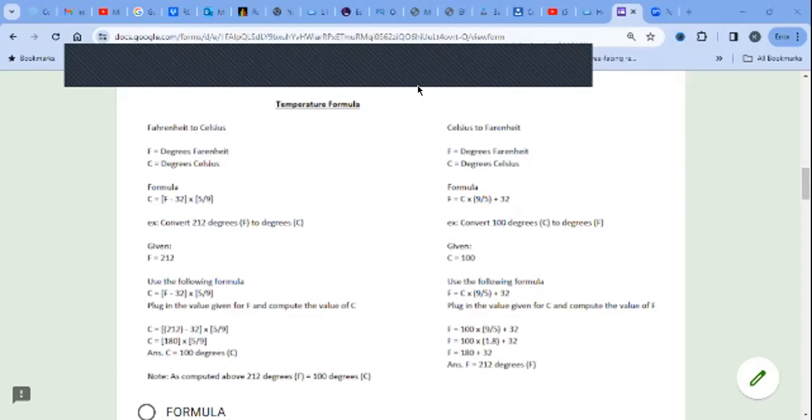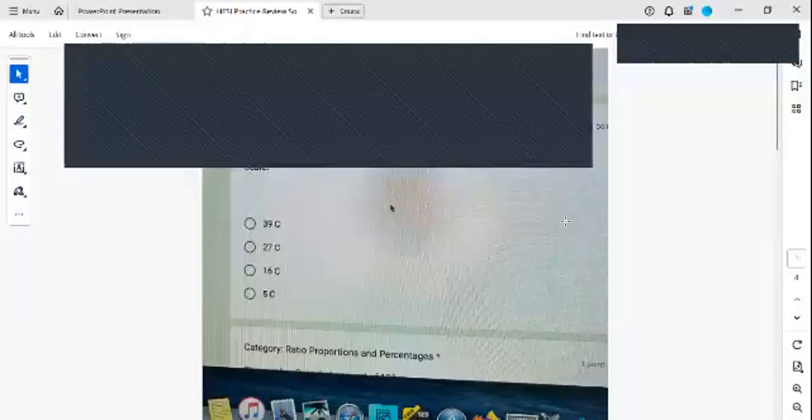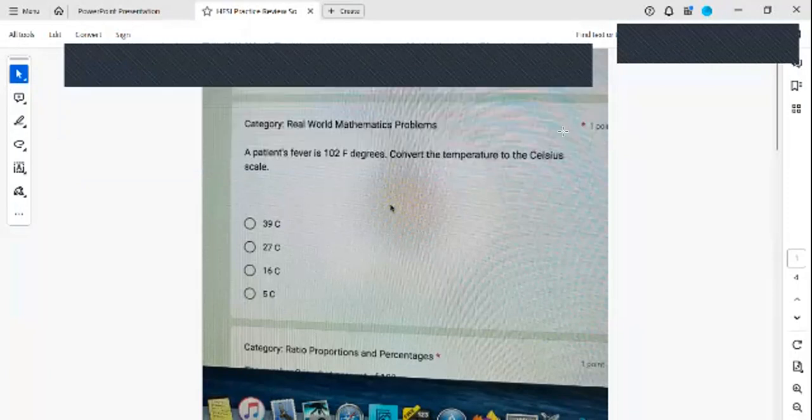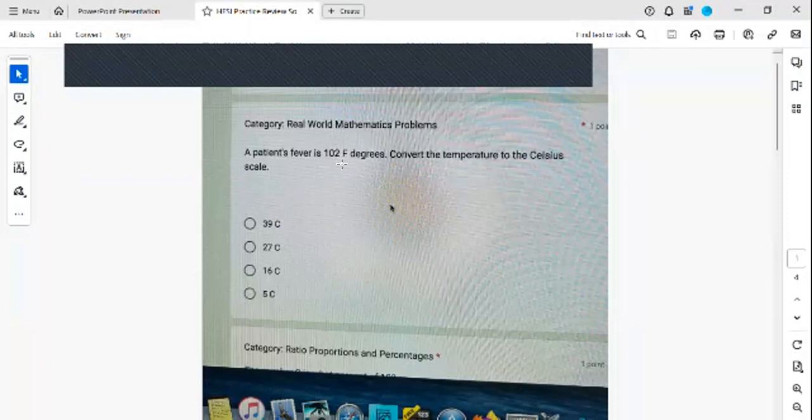So we're going to use that. Going back to our problem, our Fahrenheit temperature is 102. Let's go to the whiteboard and do this problem.